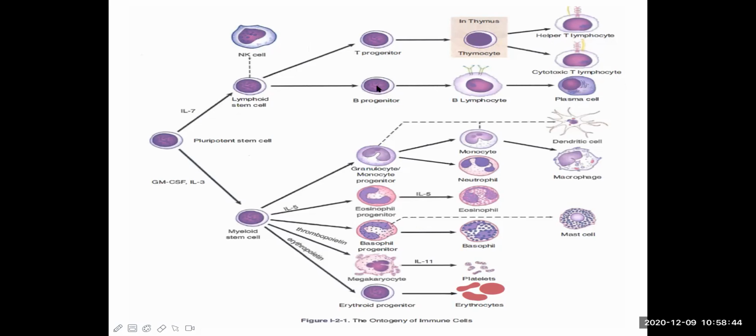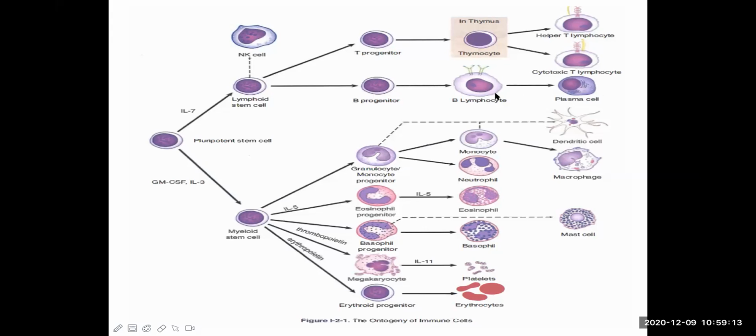Now, the B progenitor also develops from lymphoid stem cell. It will mature into the B lymphocyte inside the bone marrow itself, and it will move on to the different lymphoid systems, mainly the lymph node. It will differentiate into plasma cell, and this plasma cell will form antibody. Always remember this: plasma cell is the cell which forms antibody, and it is differentiated from the B cell.